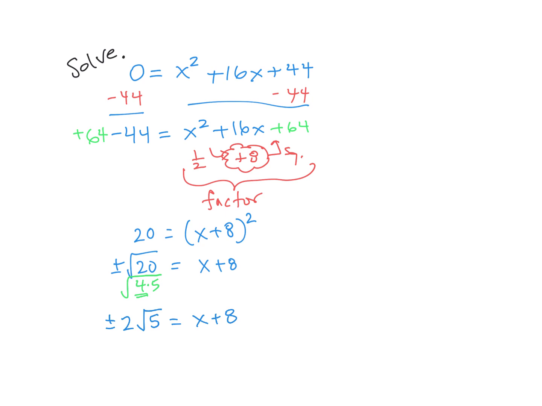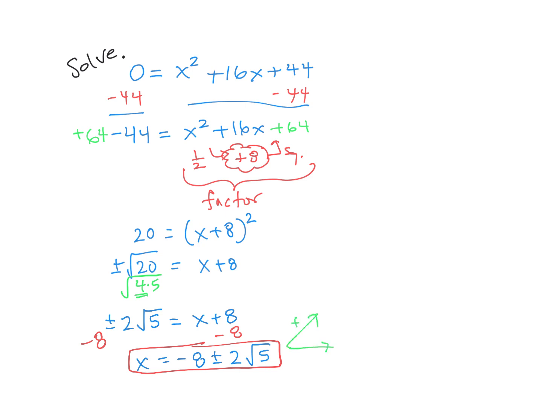Last step, subtract that 8 over, but when you do, remember, stick it in front of that plus or minus. So we have x equals the negative 8 plus or minus 2 square roots of 5. That's a perfectly great answer. Or if we're required to split it up, somebody gets a plus, somebody gets a minus.